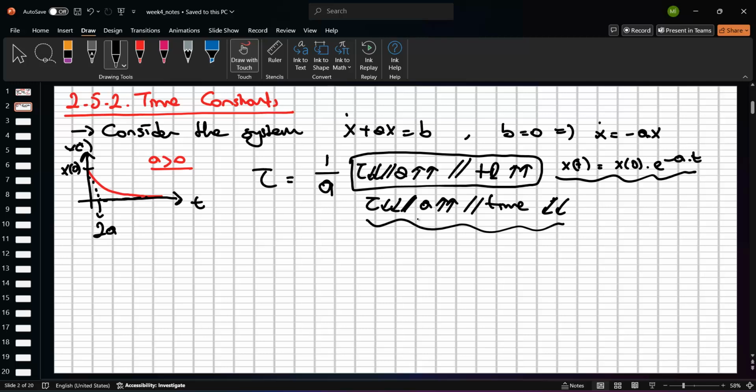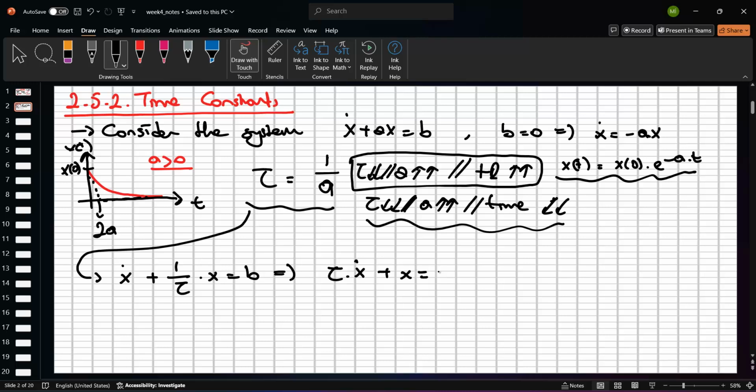Okay? And so if we define these terms, then our equation is turned into 1 divided by tau x is equal to b, or we can write tau x dot plus x equals b tau. Okay?